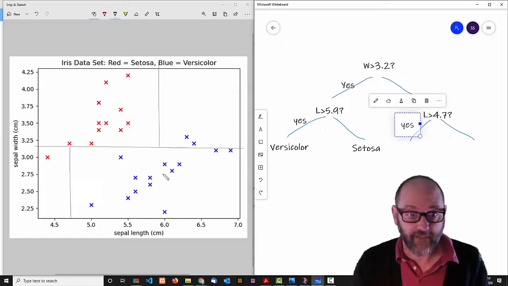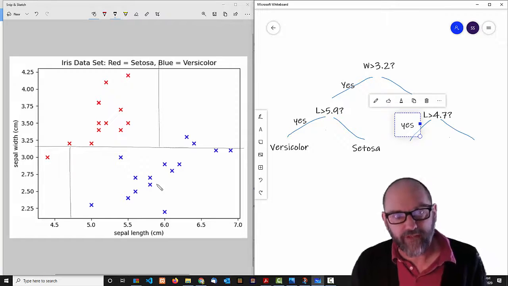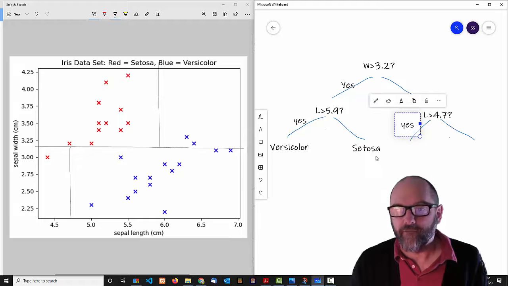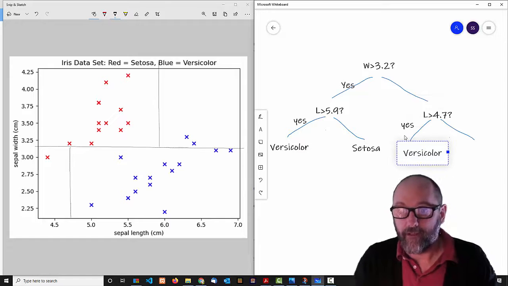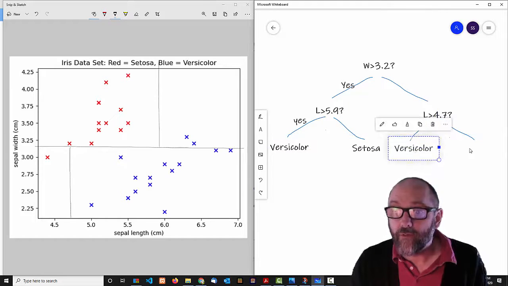If the answer is yes, we are over here. Again, it's a bit confusing because the left side of the tree is the right side of the data. So if we answer yes, then we are in versicolor land. So over here we go versicolor, like that. And if we answered no, we are over here in setosa land.